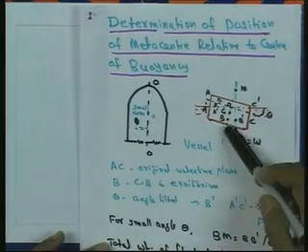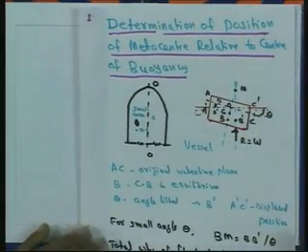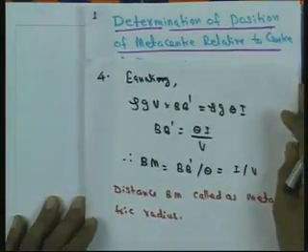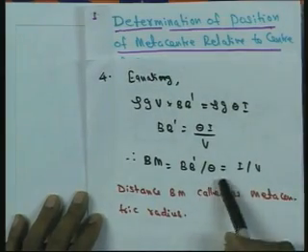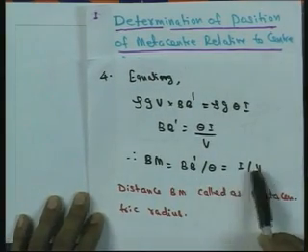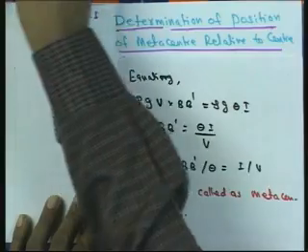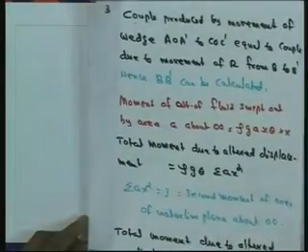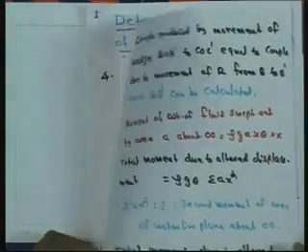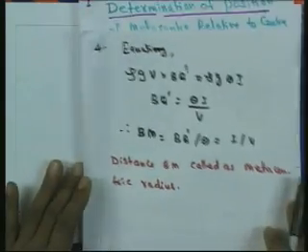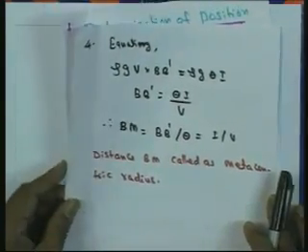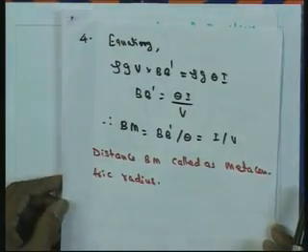BM is the distance from the center of buoyancy to the metacenter. BM is equal to BB dash divided by theta, which is equal to I by v, where I is the second moment of area of the waterline plane about O.